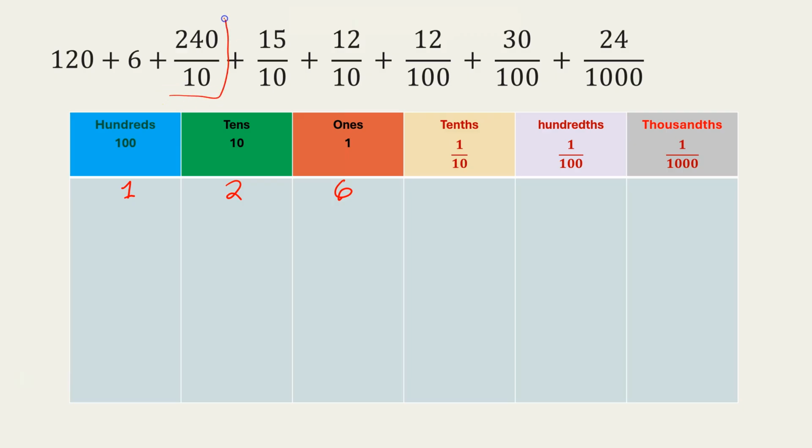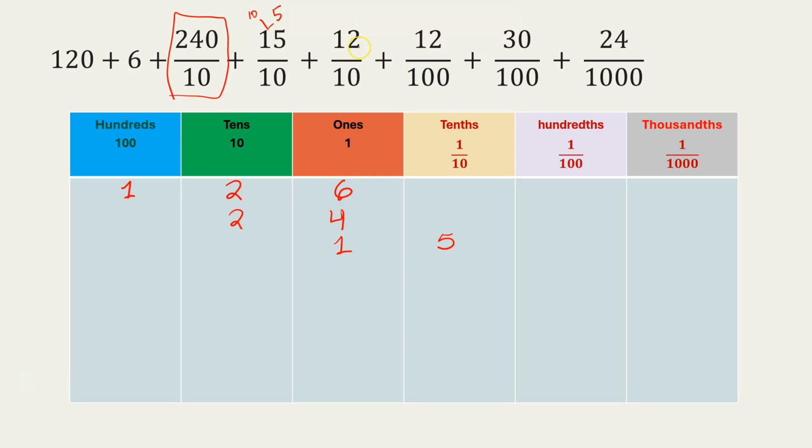And then this right here is going to be, as we said earlier, 240 divided by 10 is 24. So I have 210 and 4 ones. Okay, this right here is going to be 10 tenths and 5 tenths. 10 tenths is going to be 1 whole and then 5 tenths.